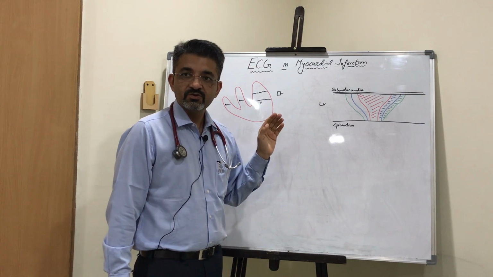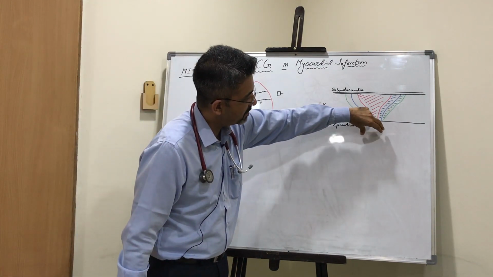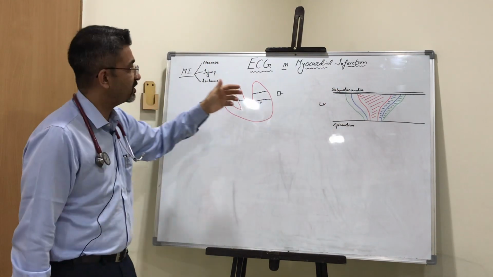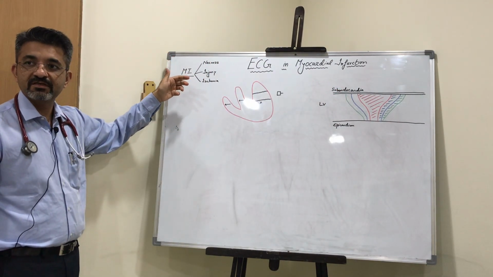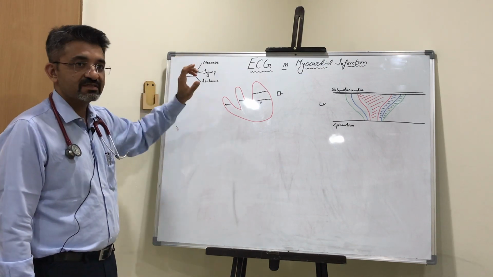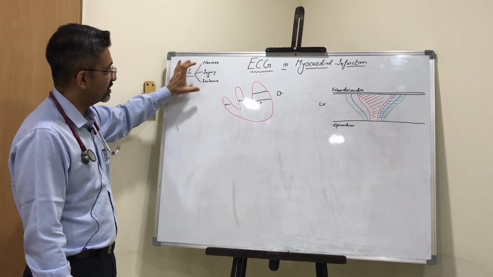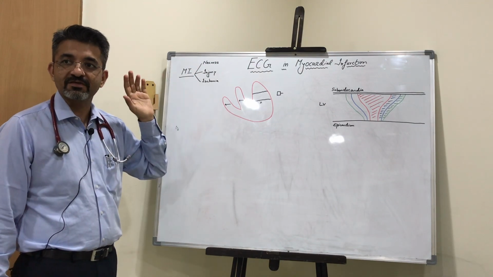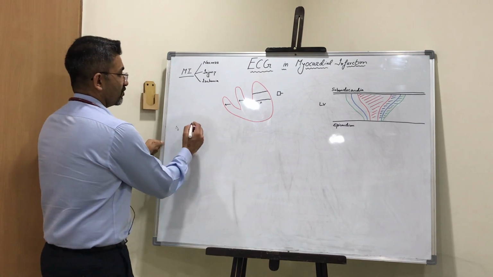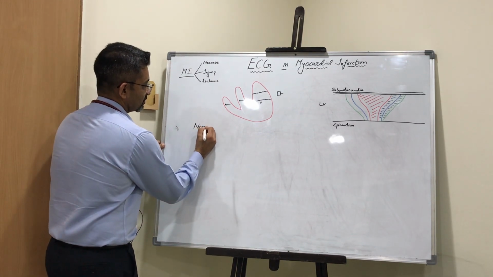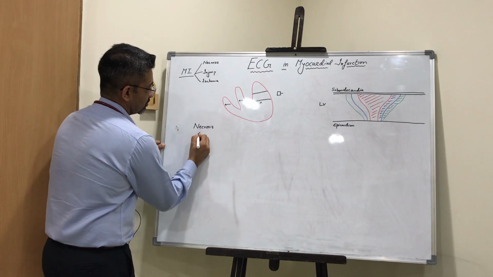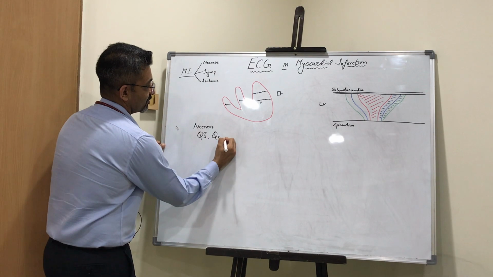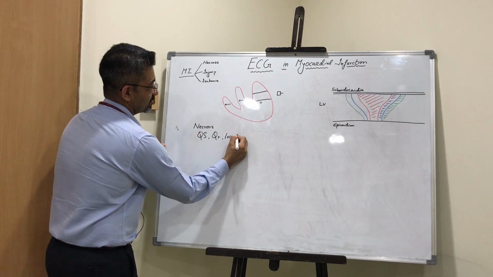So whenever we place an electrode, a lead, it will capture different waveforms for each of the pathologies. For necrosis something will be depicted in ECG, for injury something else, and for ischemia something else. When we talk of necrosis, we generally see QS waves, QR waves, or loss of R waves.